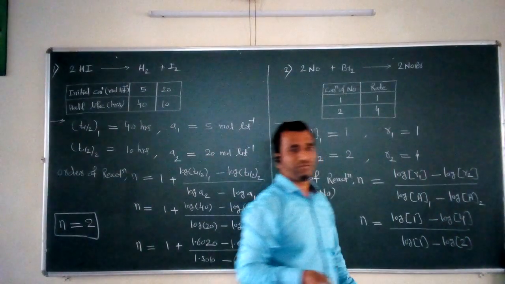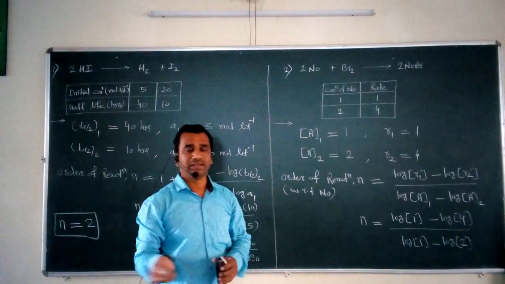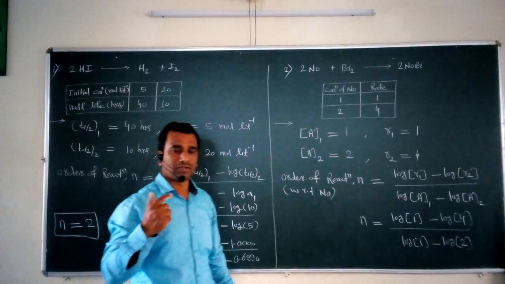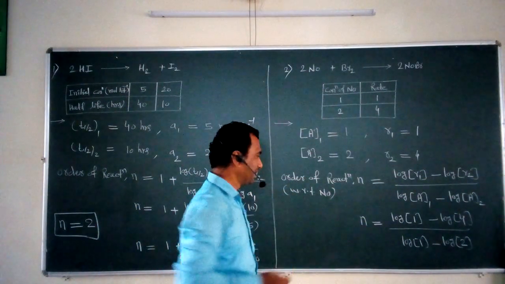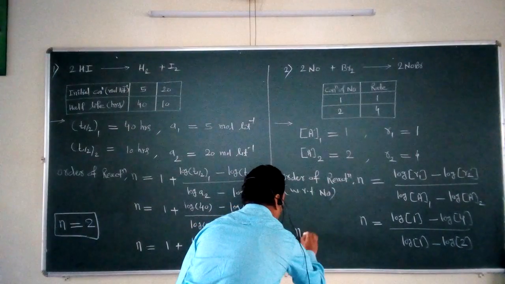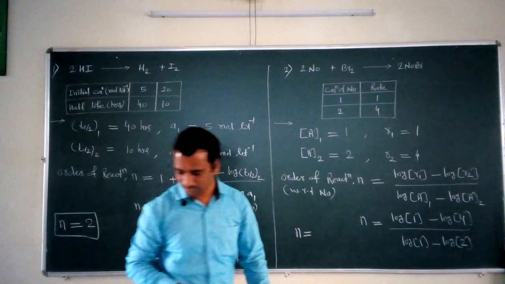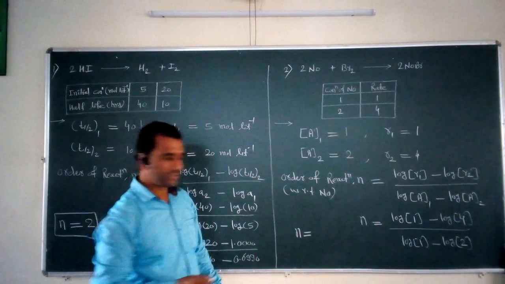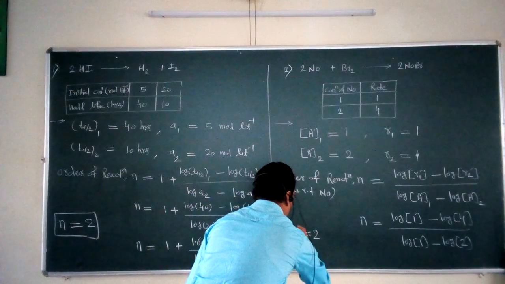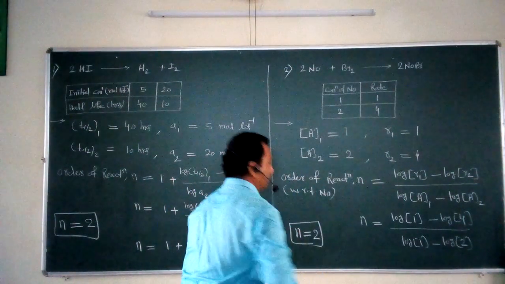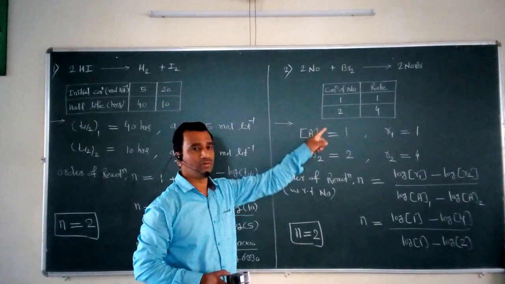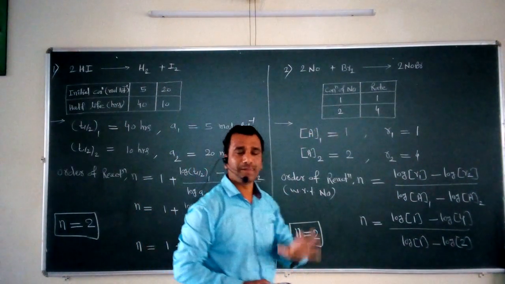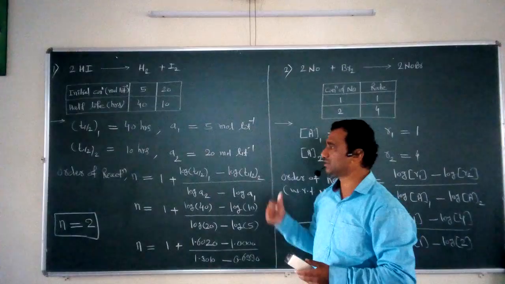Just substitute the values from the given data. Now if we take the logarithm values for all these terms and solve this numerical, finally we get N is equal to 2. So we can say that the order of reaction with respect to NO is 2, or this is a second order reaction with respect to NO.